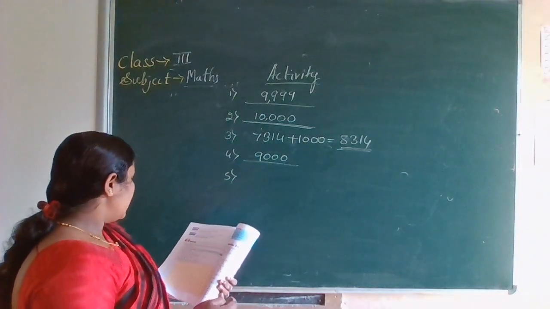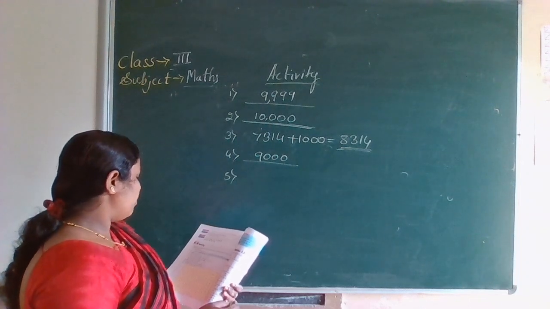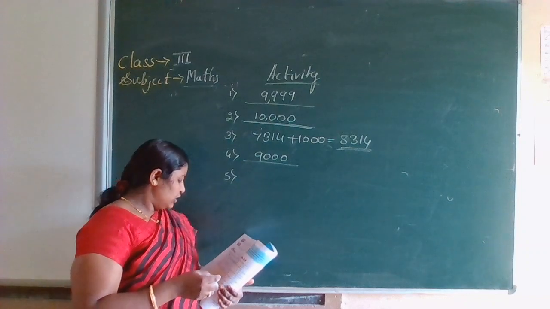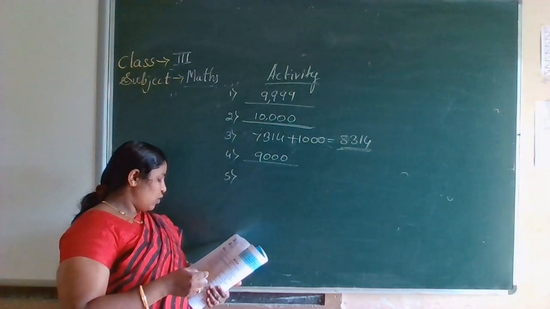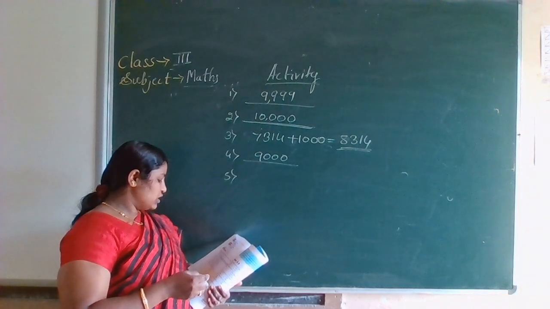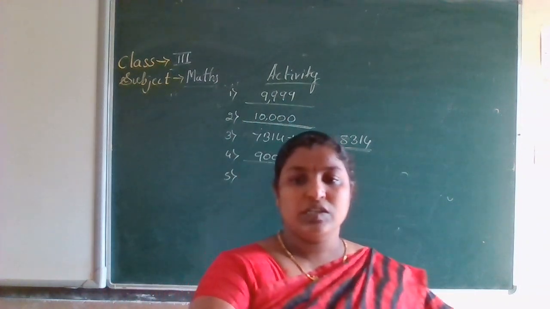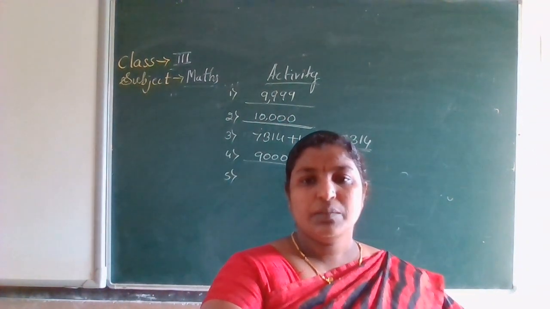Fifth one, the even number out of 8,121, 1,843, 7,632. What is the meaning of it?